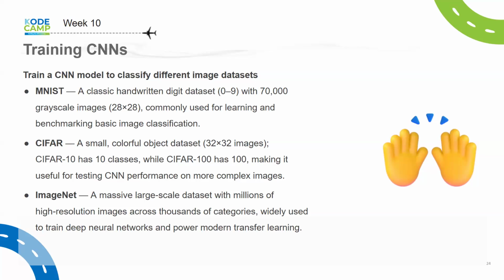Normally, because these are images, you cannot have them in a table. So you will not read them with a pandas data frame. This is not a table or a CSV file. These are actually images. The way it is normally structured is that the images are stored in different folders, and each folder is labeled in such a way that the name of the folder tells you the classification, whether it is digit 0, digit 1, or digit 2.